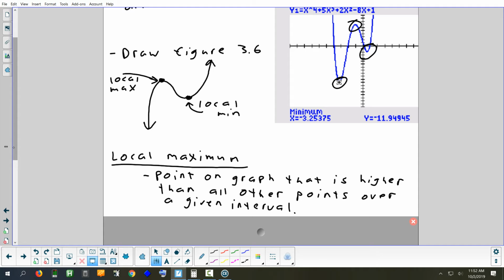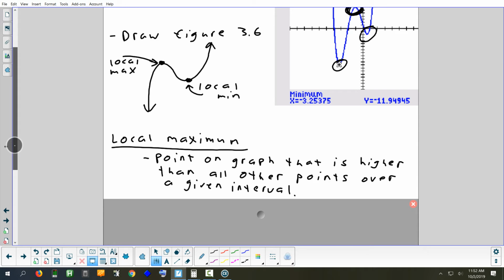Local doesn't mean it is the highest point. At this point right here, this is a local maximum. Is that the highest that the graph ever goes? No. It goes higher. But this point is higher than everything else around it. It's like a hill, right? It's higher than other stuff around it.